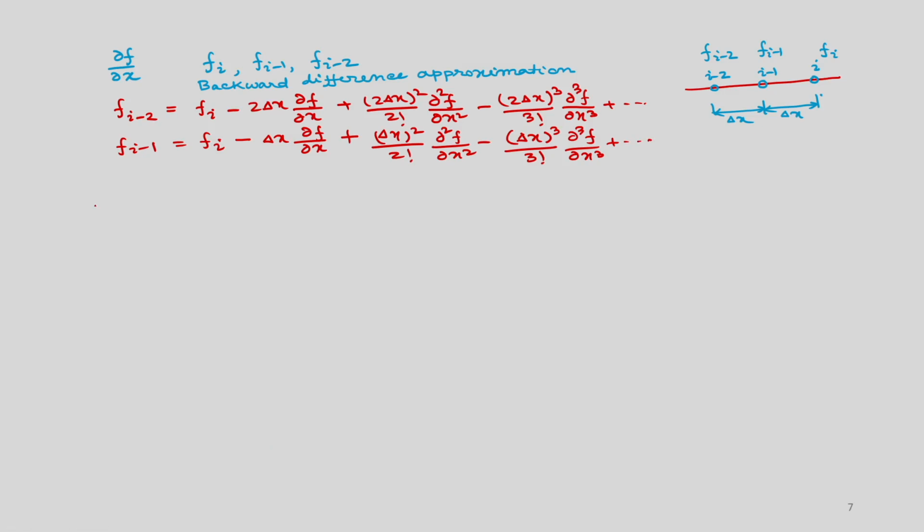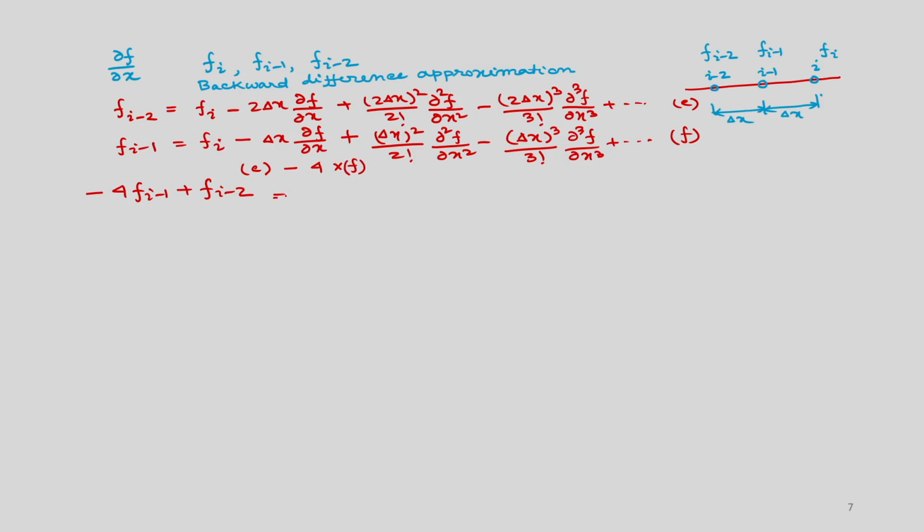So, if you do this algebra, let us say minus 4 f i minus 1 plus f i minus 2. Okay. So, that means, if this is your equation E, this is your equation F, then you multiply equation F with 4 and subtract it from E. So, it will be E minus 4 into F.